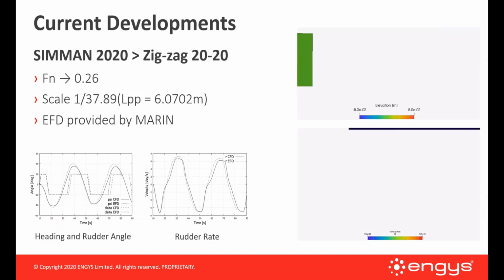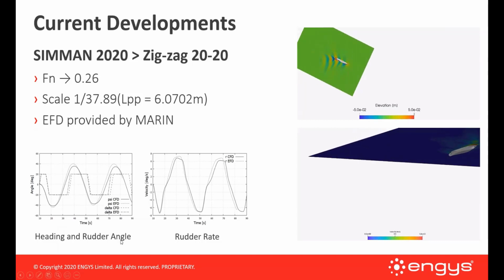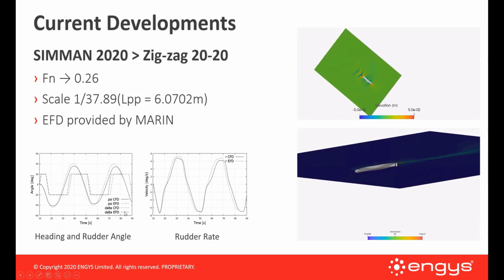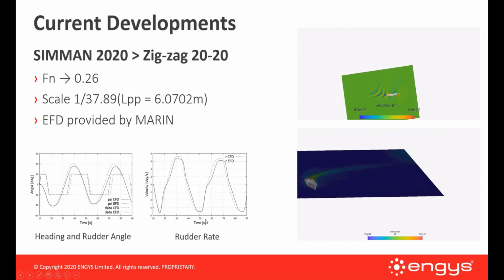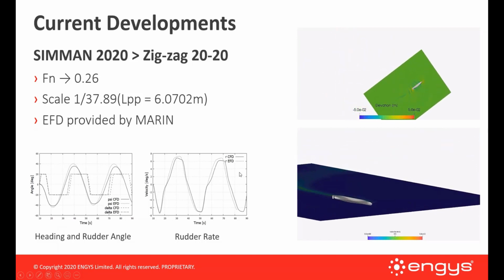So in this particular case, we are running at a specific speed, model scale, and we compare the experiments in terms of heading and rudder angle between the CFD and the experiments. And this is on the left, and on the right we have the rudder rate, CFD and the experiments.